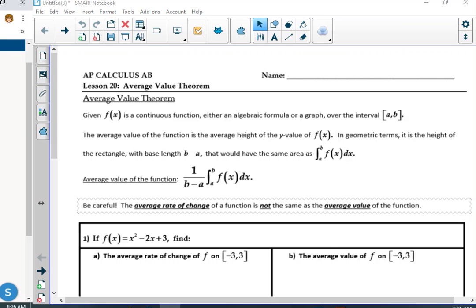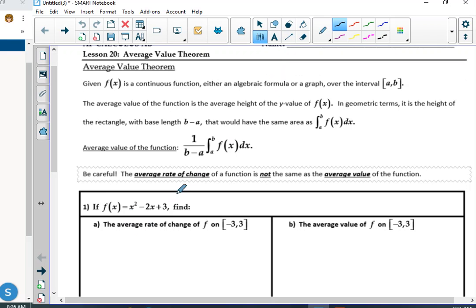I tend to focus on just the formula part of this, and the big thing I want to emphasize first off is average rate of change, average value, two totally different things. And I heard Mr. Walter say this in another video. In our course, when we say average whatever, we mean average value.